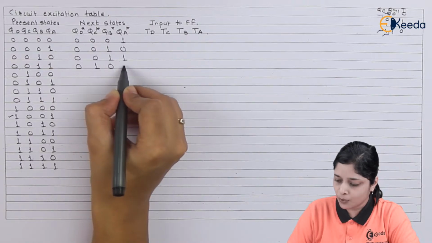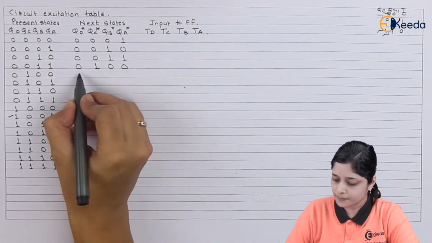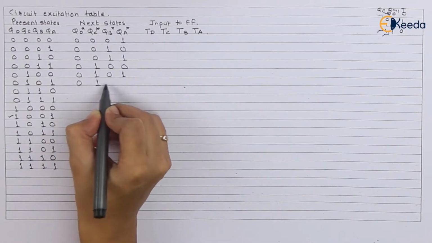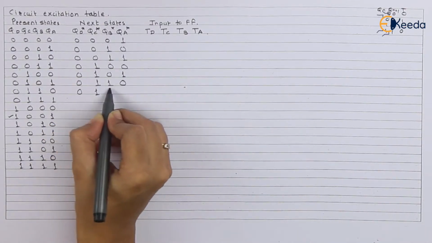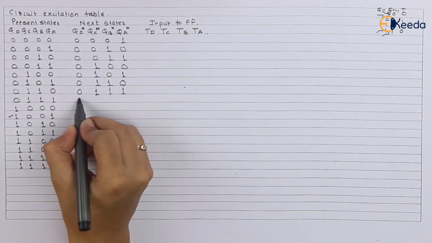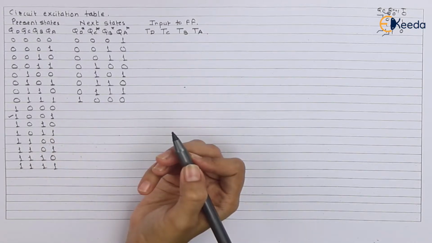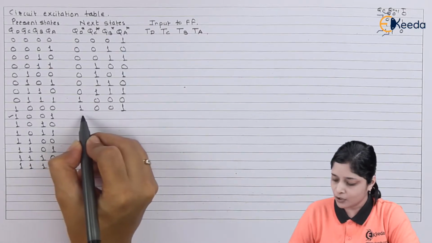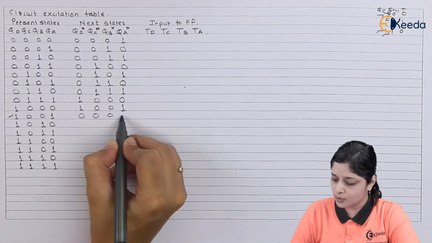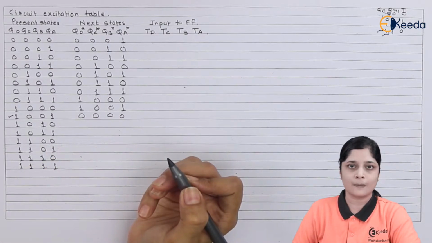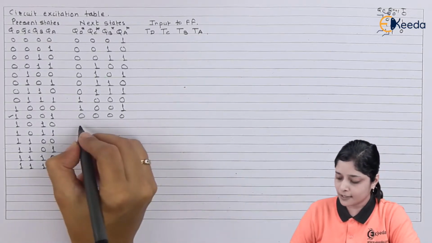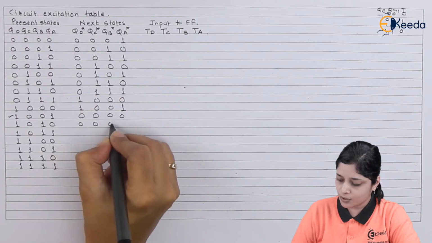Then we have 4 as the next state. Then 5, 6, 7, 8, 9, and for 9 again we have 0, 0, 0, 0. And for all the remaining states, the next state will be again 0, 0, 0, 0.